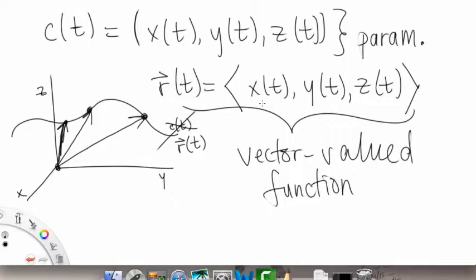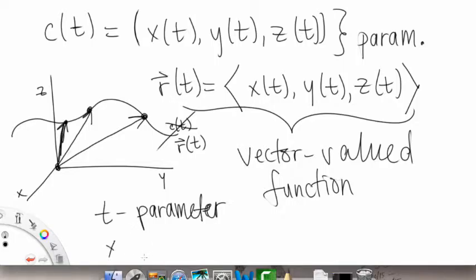Like I said, all we did was attach a vector to each point on our curve based at the origin. And t is still our parameter, and it usually represents time.